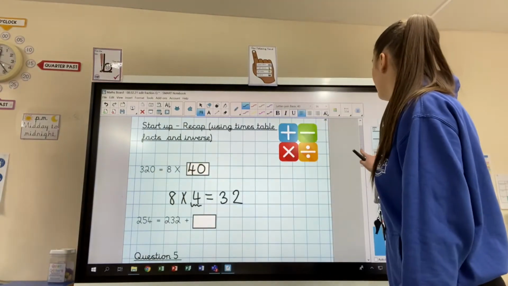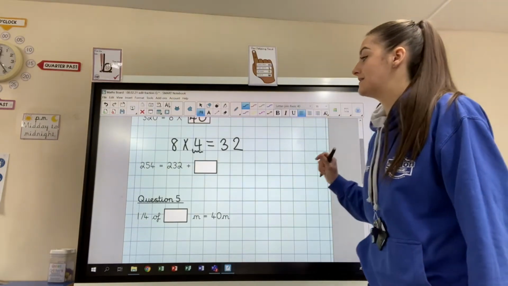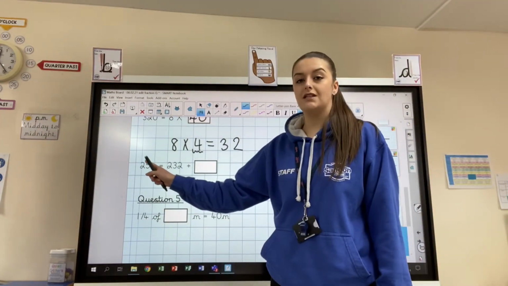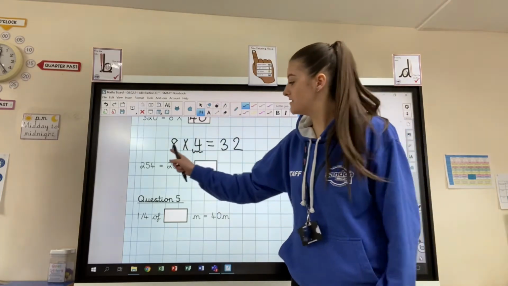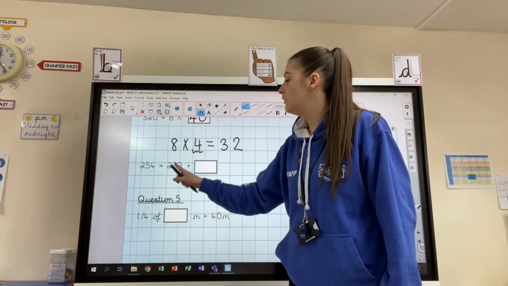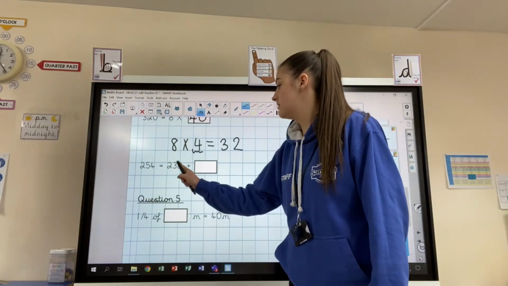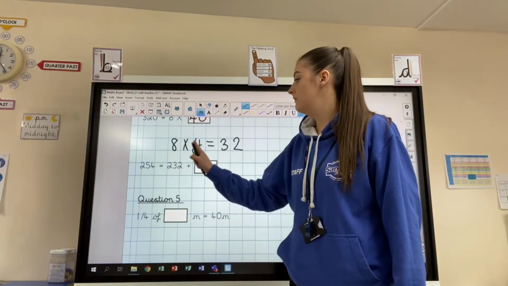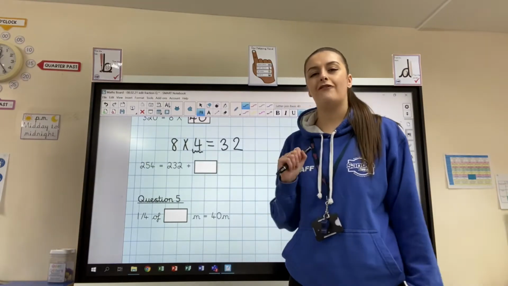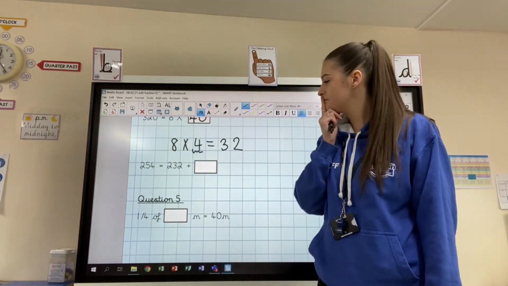Right, we've got another inverse problem here that we were really good at yesterday. Got the equal sign at the front again, but that's no problem for us. It doesn't matter which side the equal sign is on, we just need to solve that number sentence. 232 add something is 254, okay?